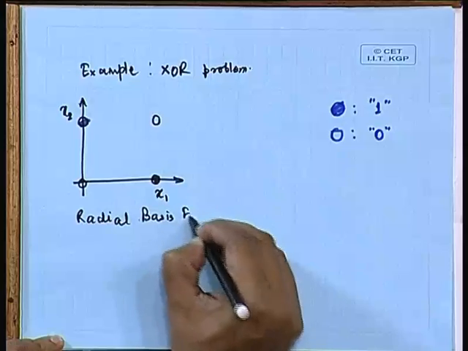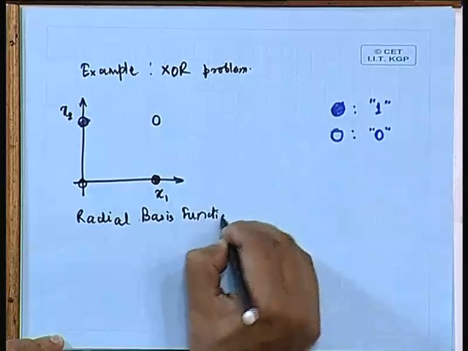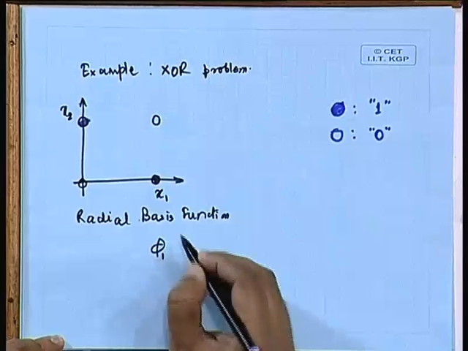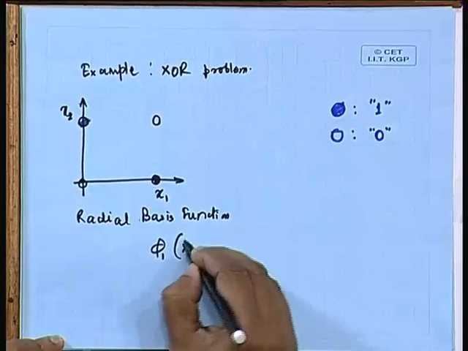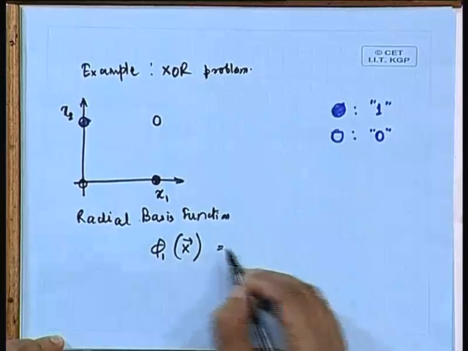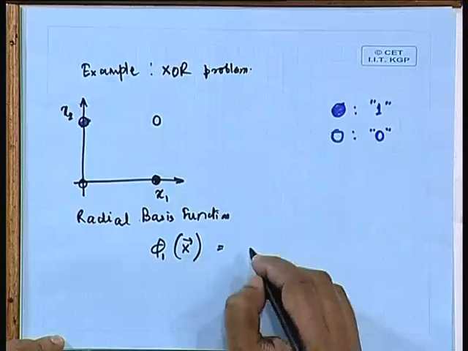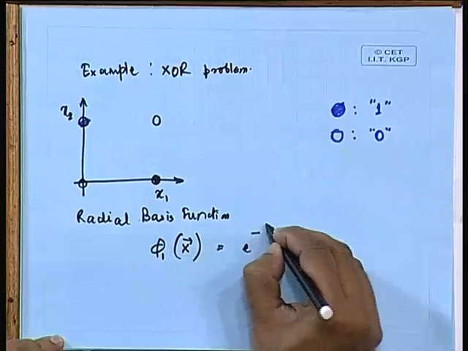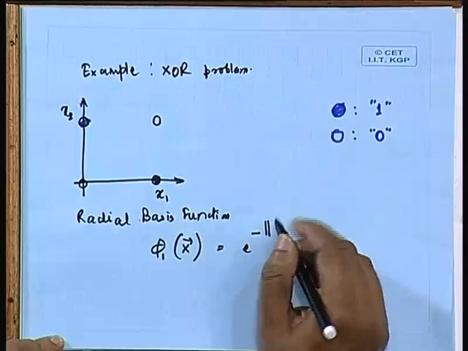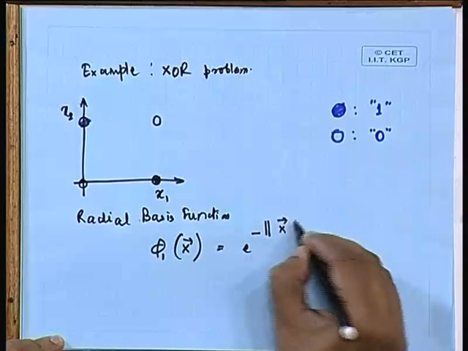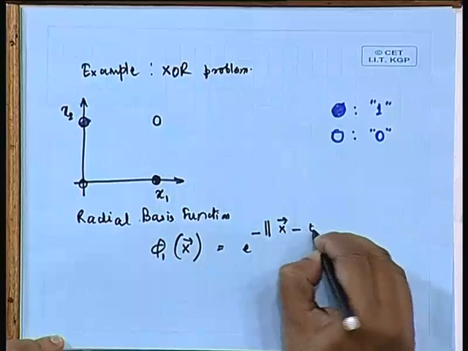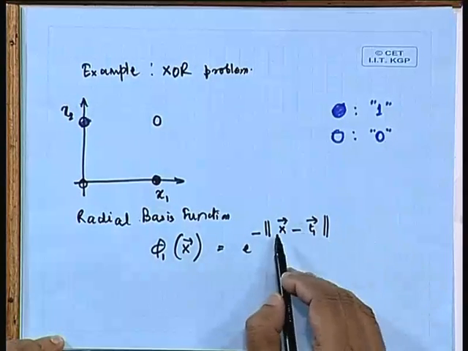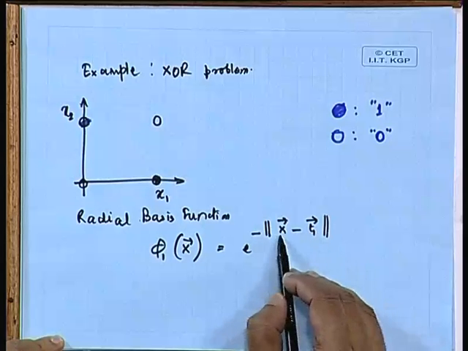We take 2 Gaussian functions as basis. One is phi 1, where the definition of this basis function is phi 1 of x vector equal to e to the power minus norm of x vector minus another vector T1, having of course the same dimension as that of the x vector.